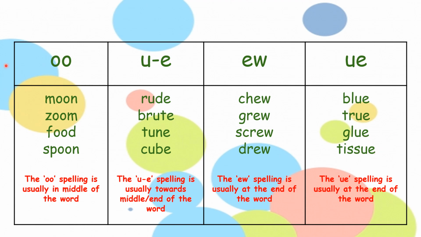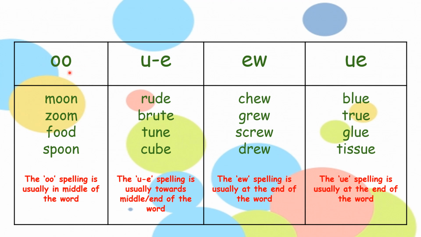So now when you are writing independently, if you are writing a word that contains the sound oo, I want you to have a think about where in the word you hear the oo sound. If you hear the oo sound in the middle of the word, then you know that it is probably going to be the double O spelling, the OO spelling.